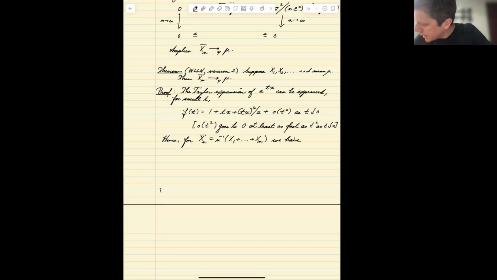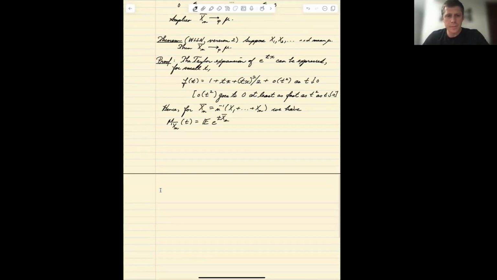Well, the moment generating function of the sample mean, by definition, is the expectation of e to the t times the sample mean, which is the expectation of e to the t n inverse sum of the Xi's.